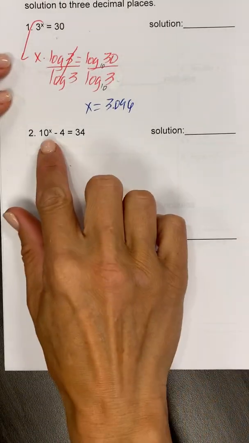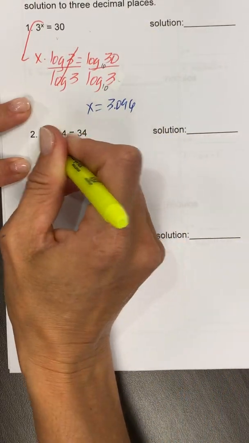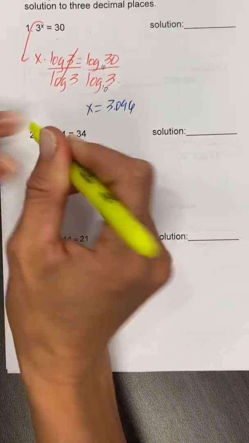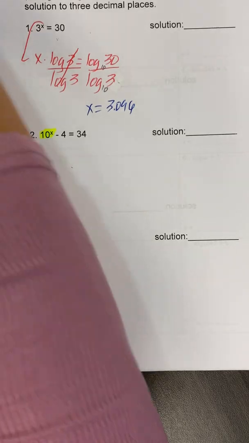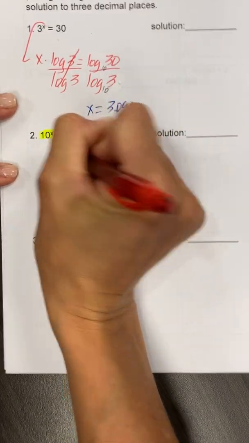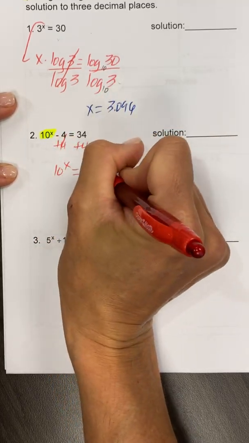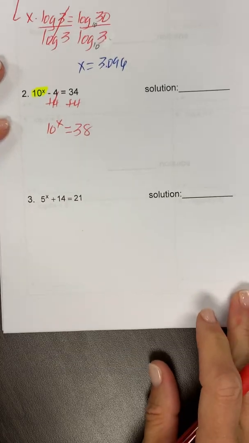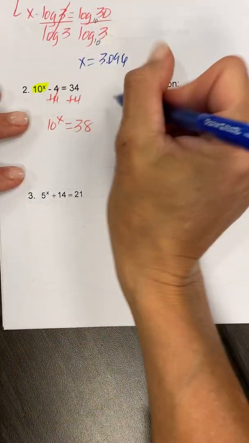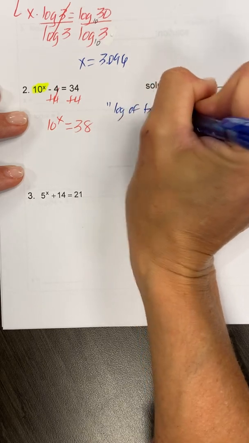Okay, number 2. Just like any other equation, you have to get x by itself. So I'm going to add 4 to both sides first. So 10 raised to the x equals 38. Now we're going to take the log of both sides.